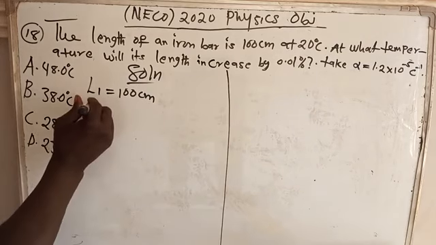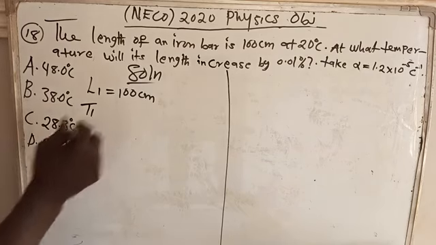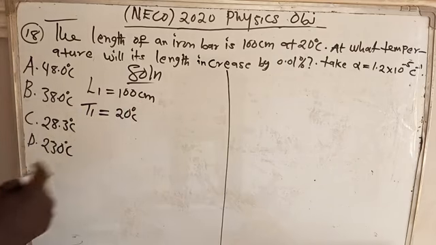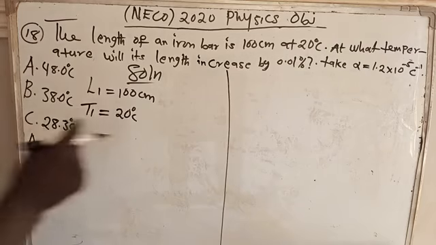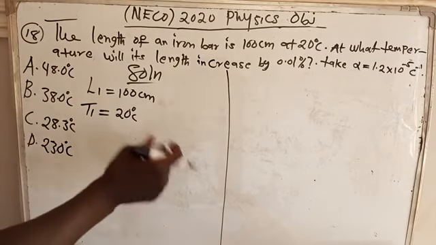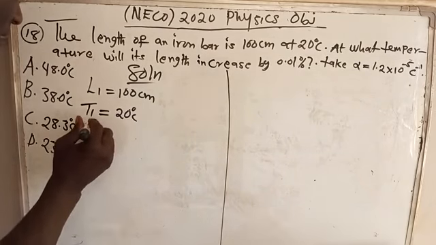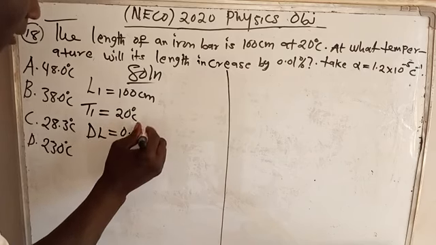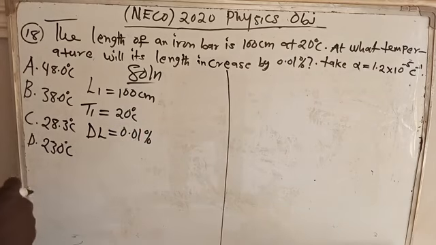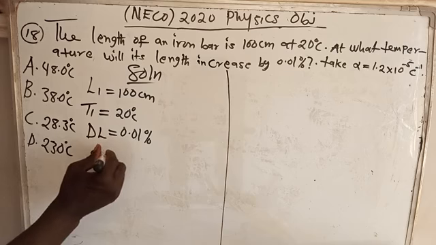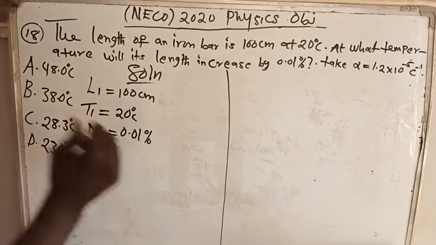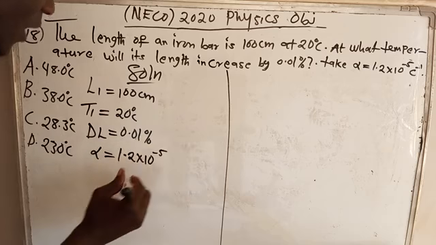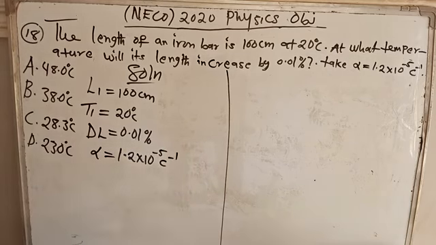We are also given the change in length, that is the increase in length, ΔL, equal to 0.01%, and the linear expansivity of the material equal to 1.2 times 10 raised to the power of negative 5 per degree Celsius.